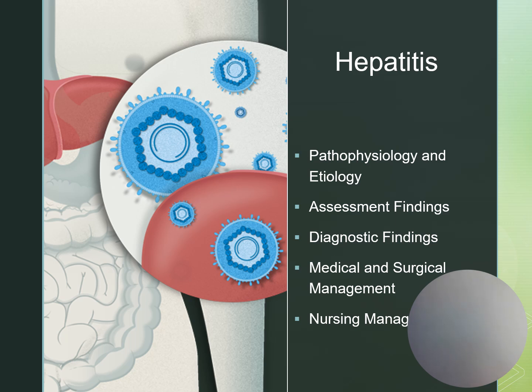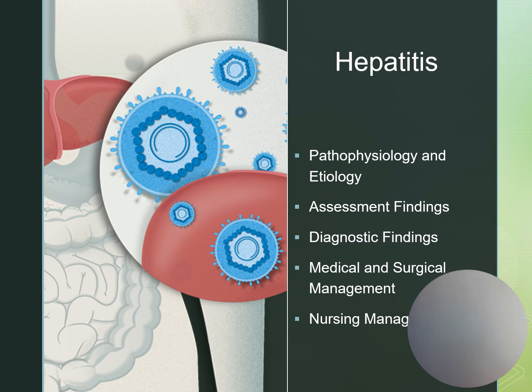Type D is transmitted through the skin and mucous membranes. There is also an increased risk for chronic disease and possible liver failure. Type E would be similar to type A and is transmitted through food and water contaminated with infected fecal matter. This type is pretty rare in the United States.